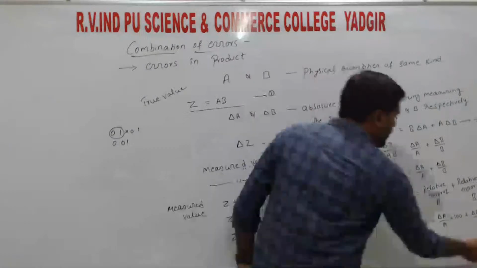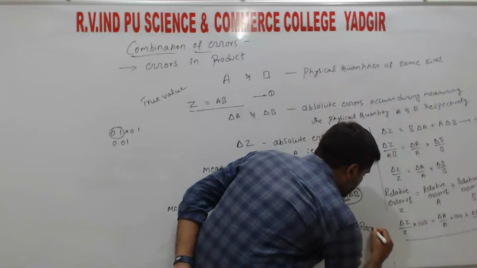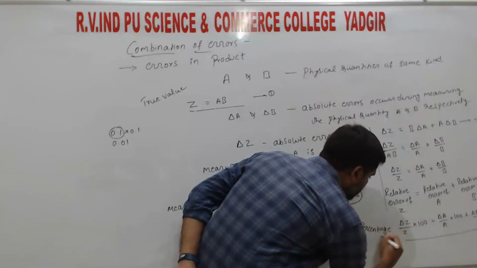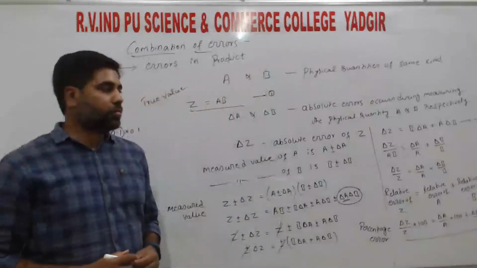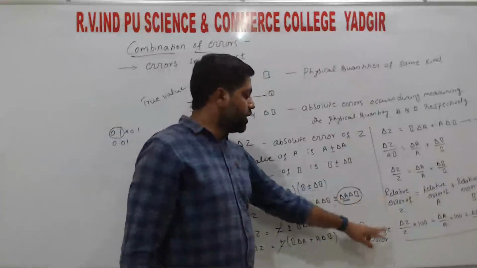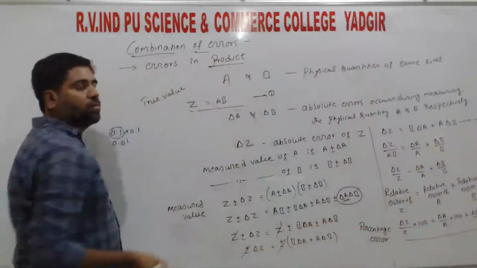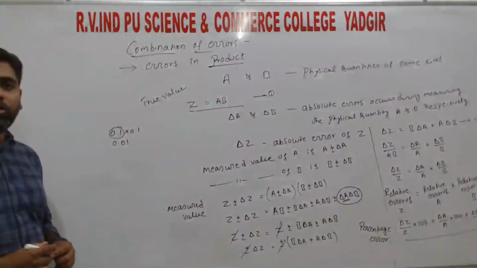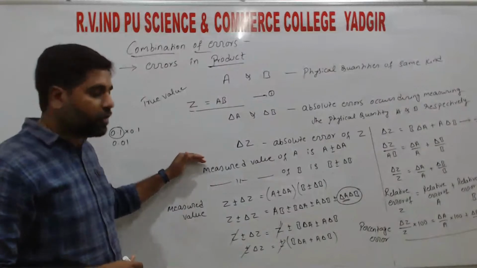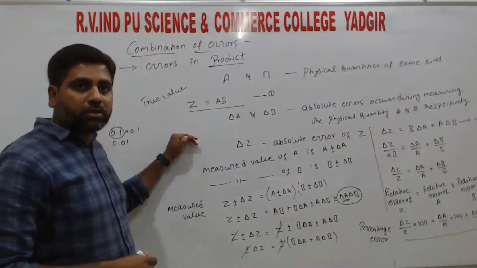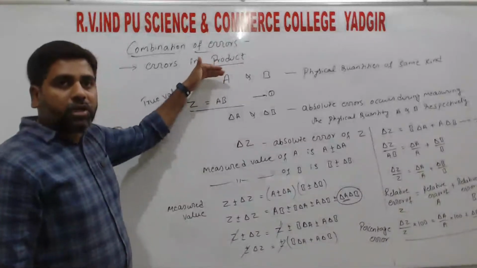So this is the percentage, right? So when do we get relative error and percentage error? In error of a product, right? And when do we get absolute errors? In summation and difference. So when we add or subtract we get absolute errors, right? So for product and division, that is in fraction.